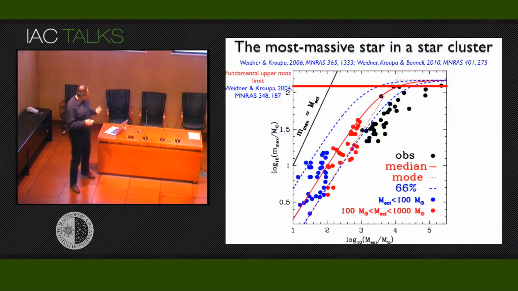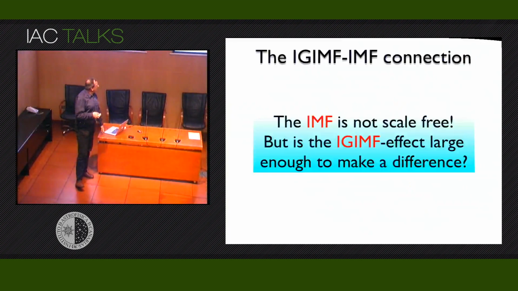The exact value of this upper mass limit depends a lot on models, and it could be between 100 and 200 solar masses. It's not that clear, but there's not a linear trend further up; there seems to be a turnover. Otherwise, we would expect everything to be randomly sampled with no upper limit. We would expect to see a star of several thousand solar masses in the Milky Way, as Bruce Elmegreen pointed out a couple of years ago.